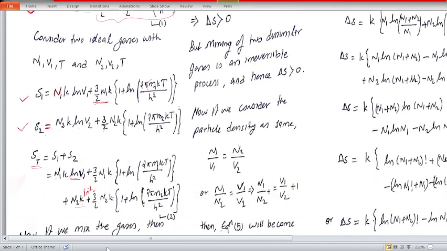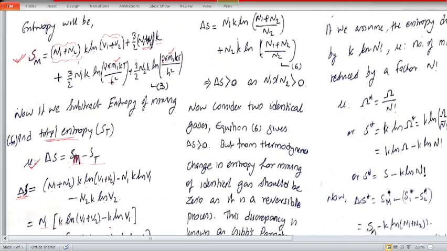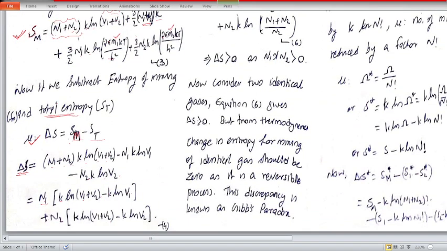You can see here k ln v1 plus v2 minus k ln v1. By the rule ln a minus ln b equals ln a by b, you can write it as ln of v1 plus v2 by v1.